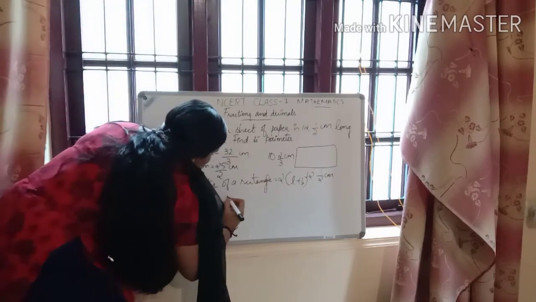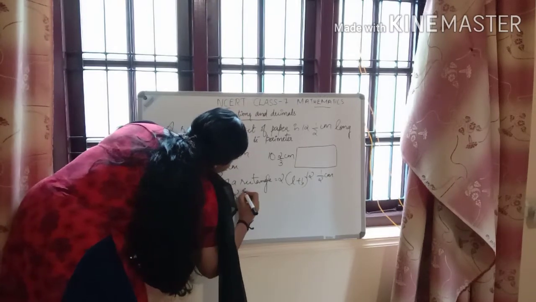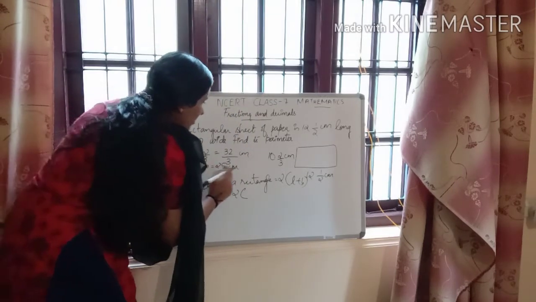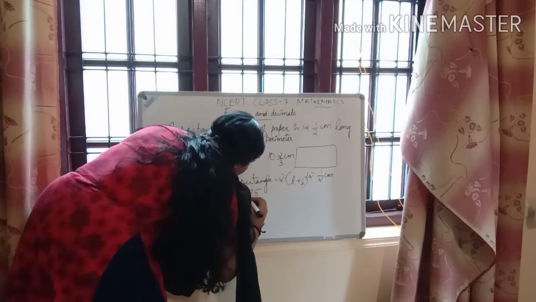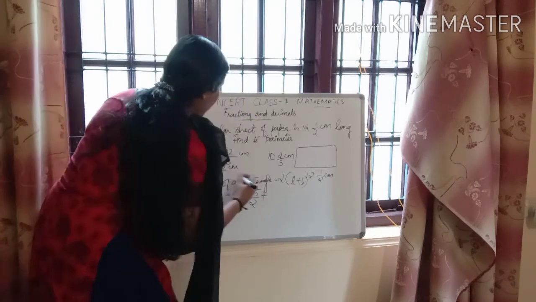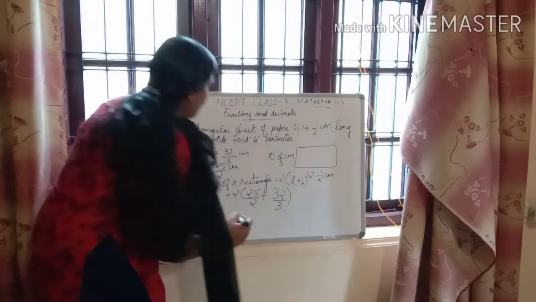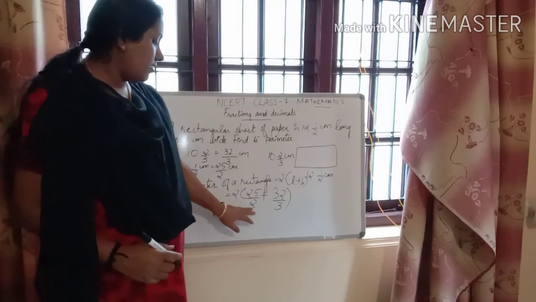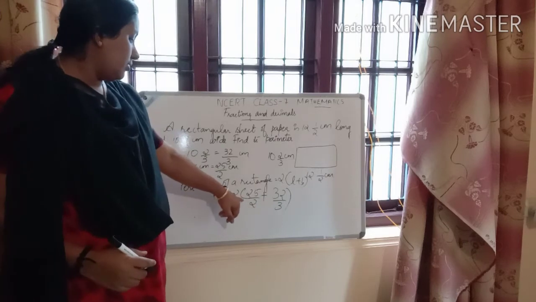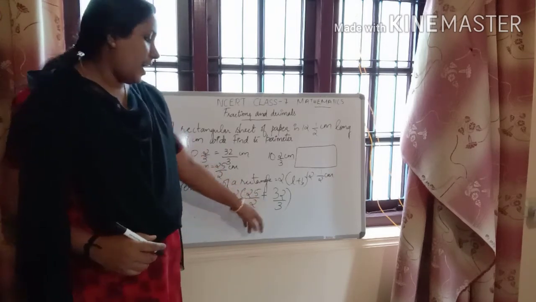Here, just write 2 into L, that means 25 by 2, plus breadth, that means 32 by 3. This is the length and this is the breadth.